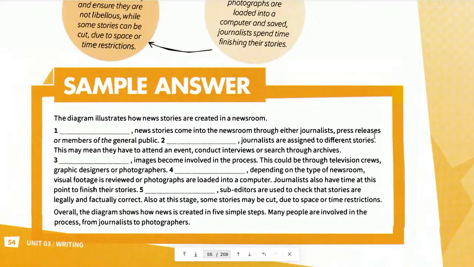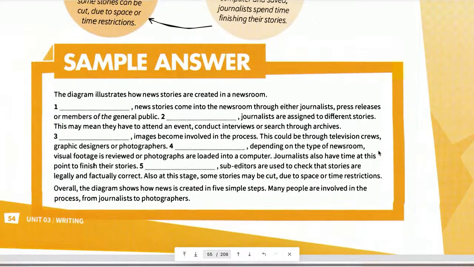In paragraph 2. Read that. You have space and time restriction. You have to start from number 5. See number 5? Sub-editors are used to check that stories are legally and factually correct.